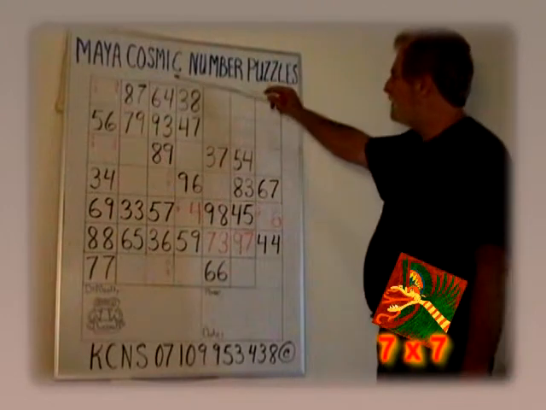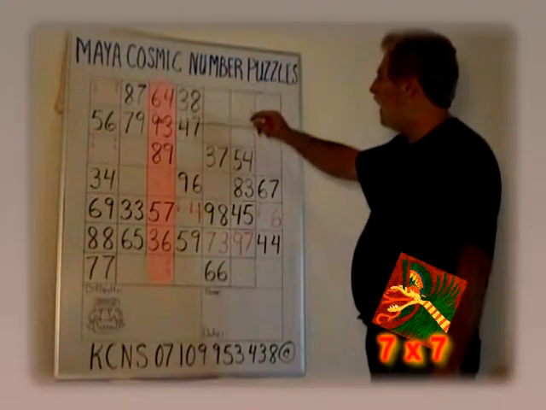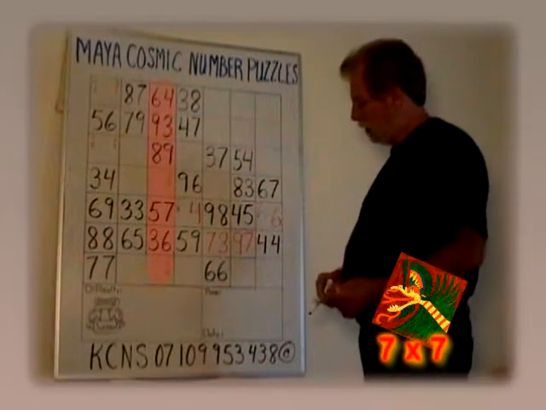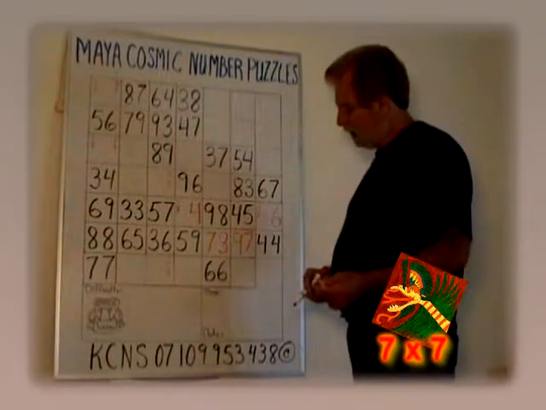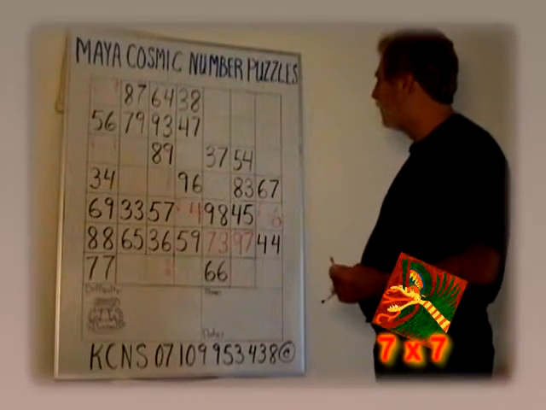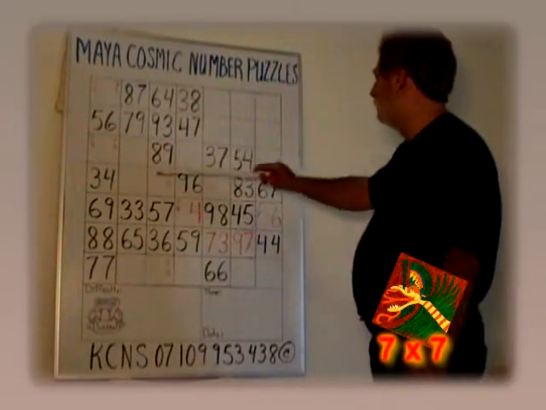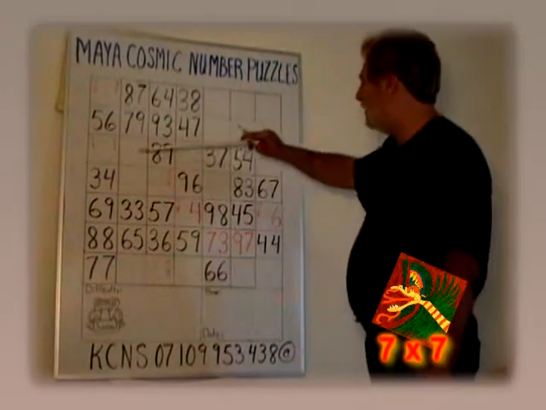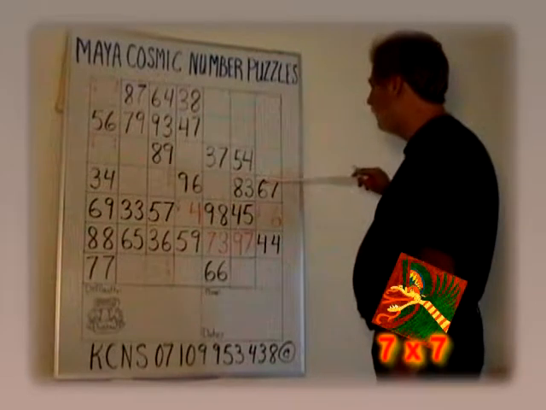On the left side, we have a 6, a 9, an 8, a 5, and a 3. Therefore, we are missing a 7 and a 4. When we look here, we do not see on the left side a 7 or a 4.